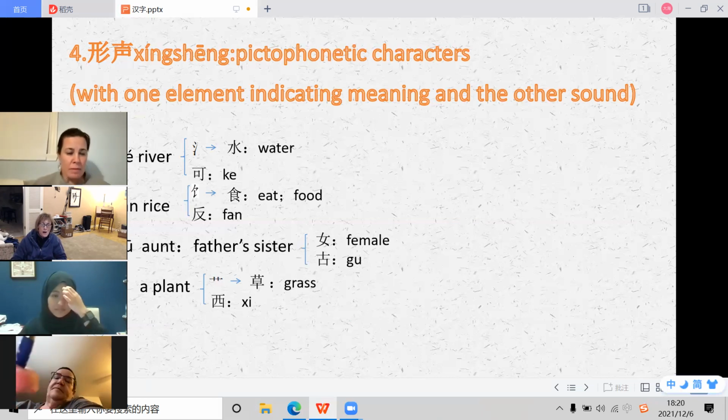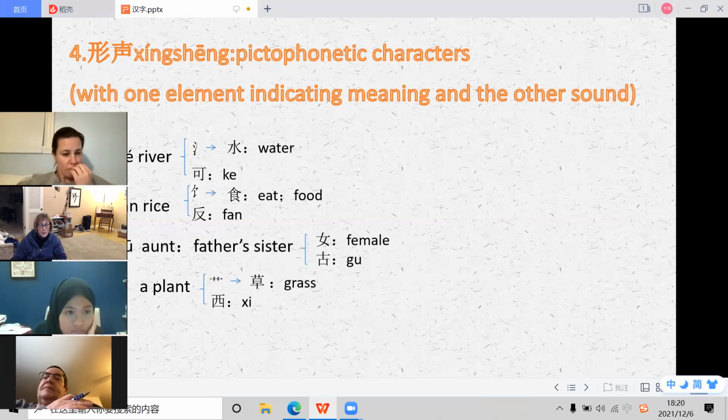Yeah, for example, this is a plant, right? And how this character consists of parts: this one is a part to indicate the meaning, and the other part, this one, indicates the sound. So 草, this one is from this one.